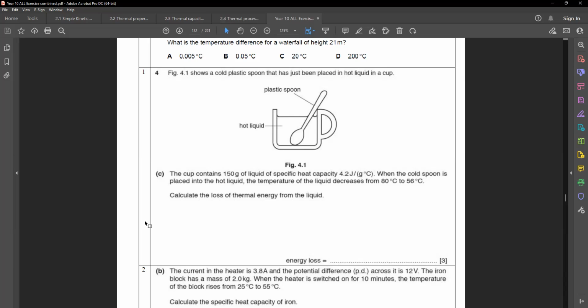You don't have to do the calculation in your textbook.